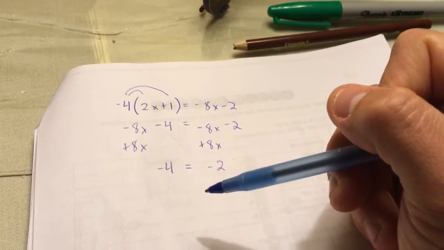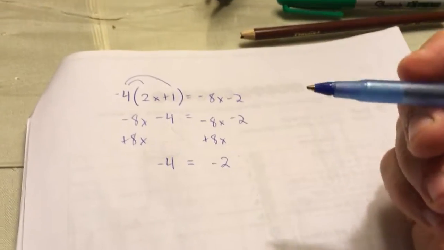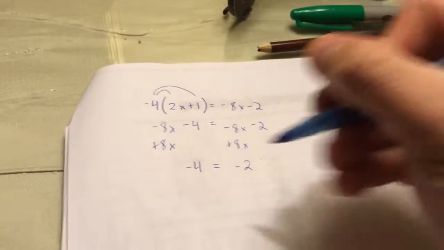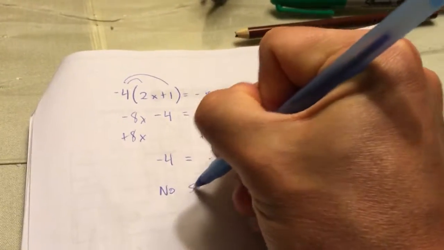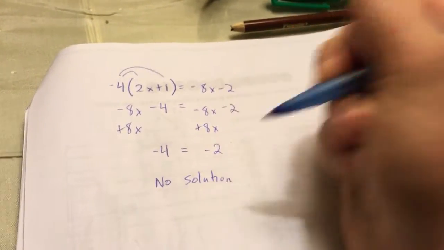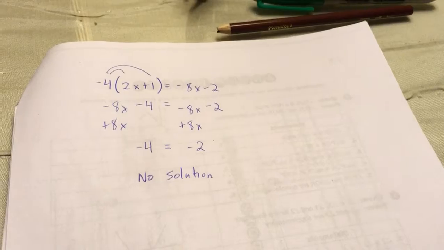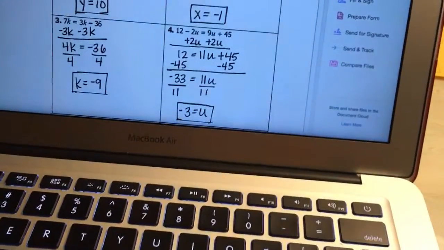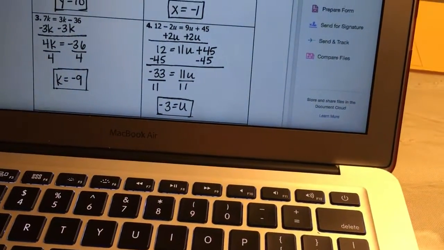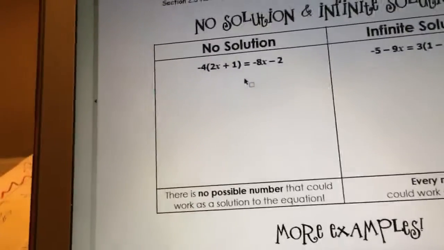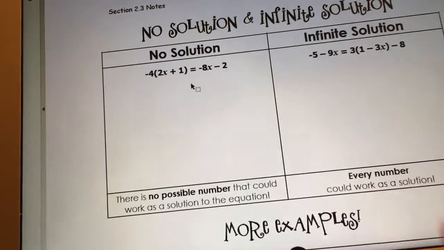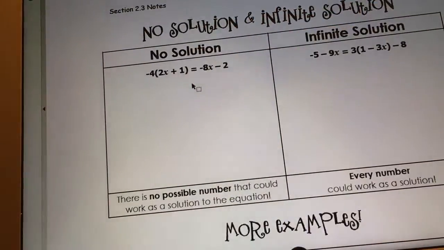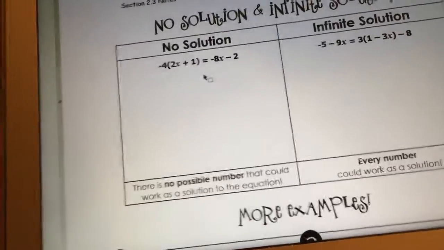If you're thinking no, you're right. -4 does not equal -2. So, for this one, we write no solution. No solution for that. So remember, this came from the first page of the notes right here. Okay, so next.